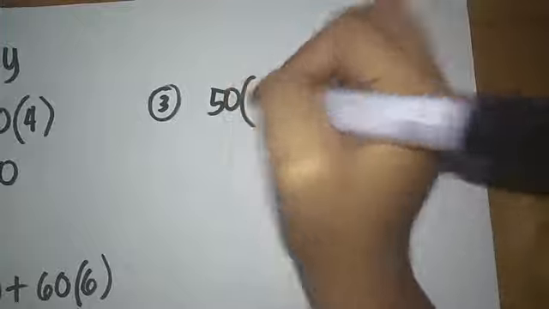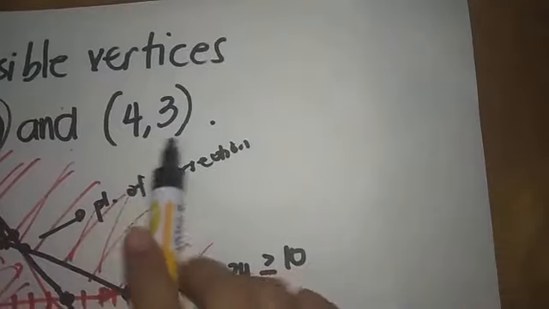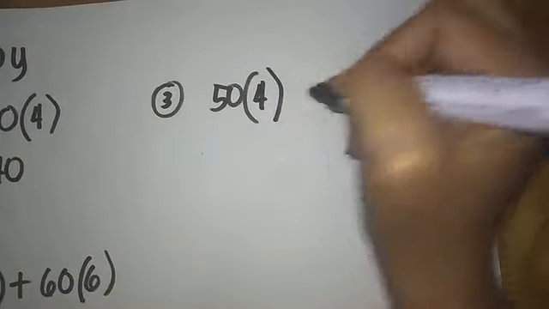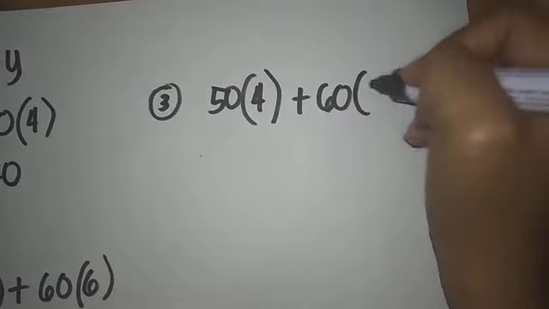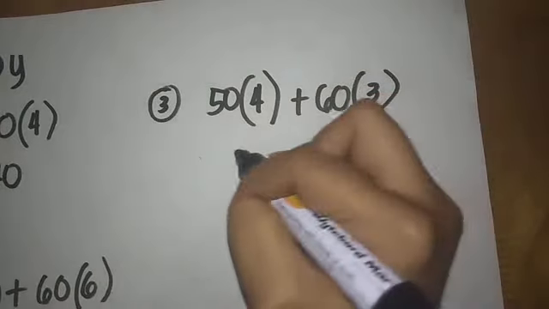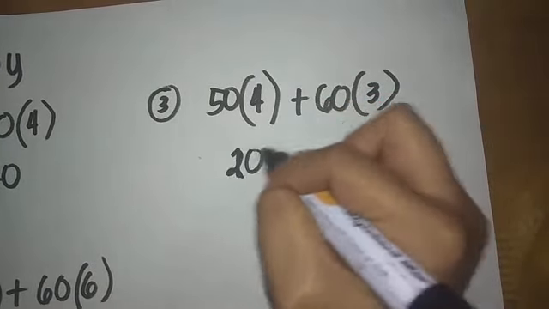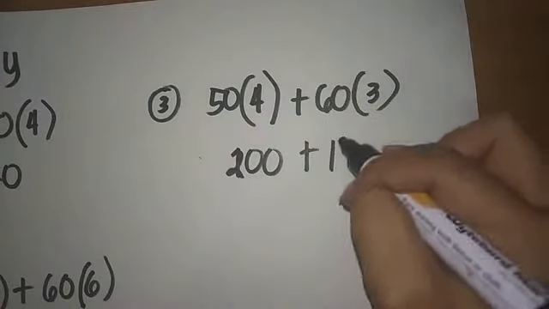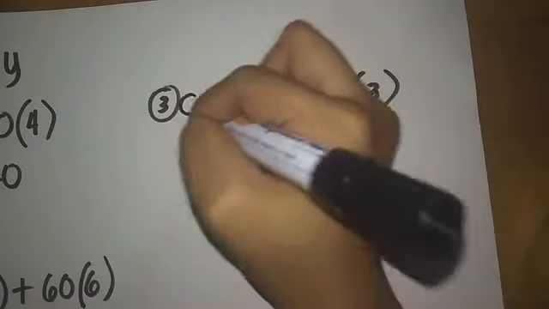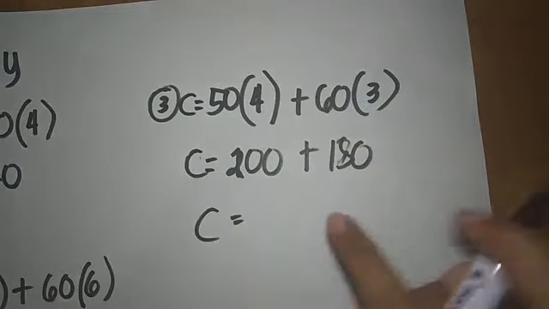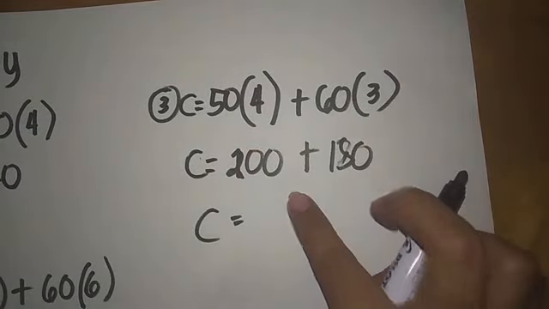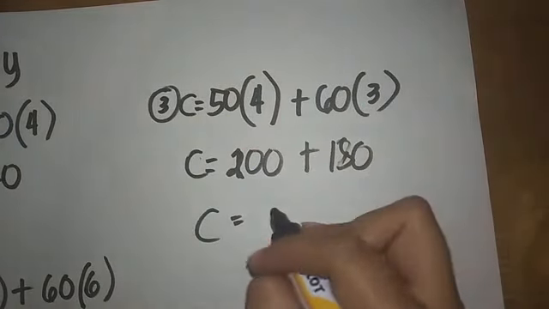Next is the third: 50 times 4, plus 60 times 3. So, 50 times 4 is 200, plus 60 times 3 is 180. So, C is equal to 200 plus 180, which is 380.